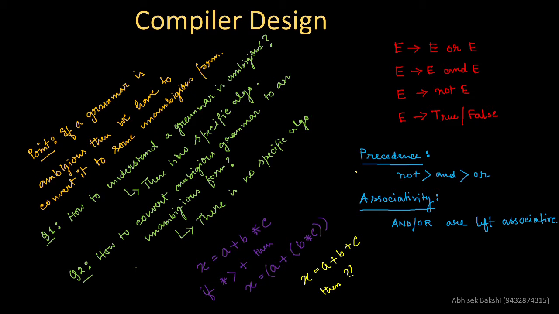Associativity suggests that if there are two operators of the same precedence in the same line, then which operator will act first? So the use of precedence and associativity is a little bit different. So let's take a first simple example.